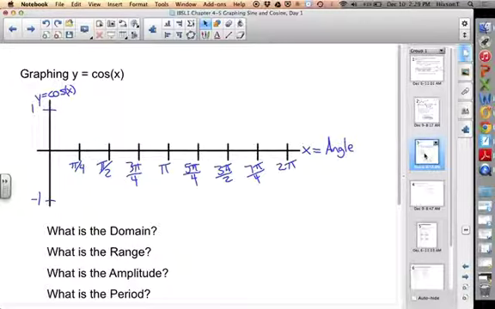The y coordinate is sine of 3 pi over 4, which is root 2 over 2. Pi over 4 is equal to the same thing, yeah.